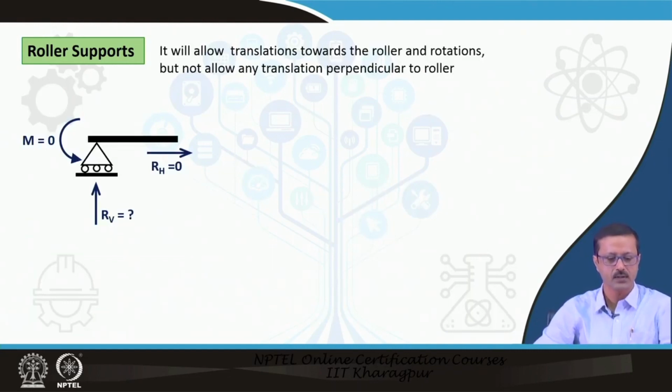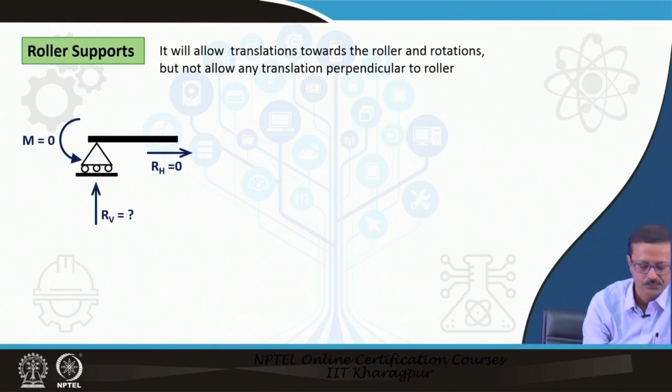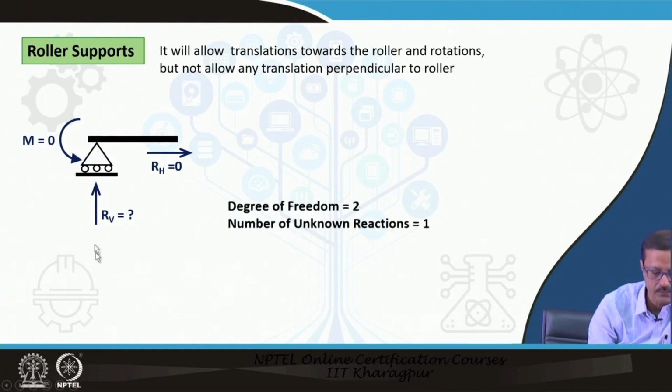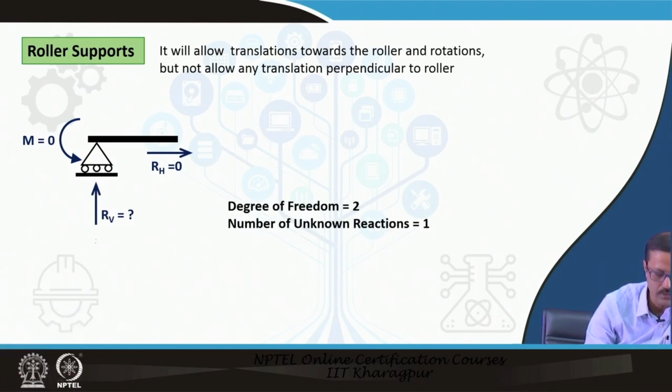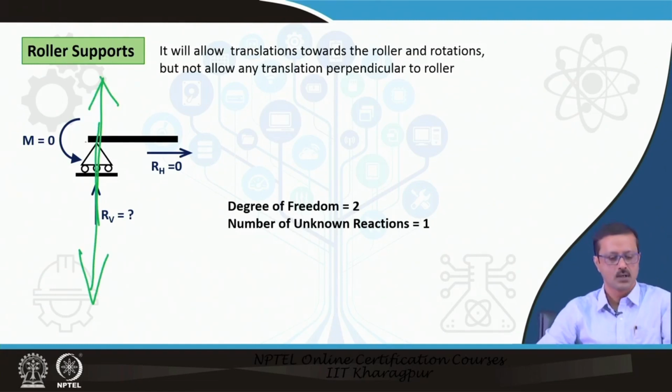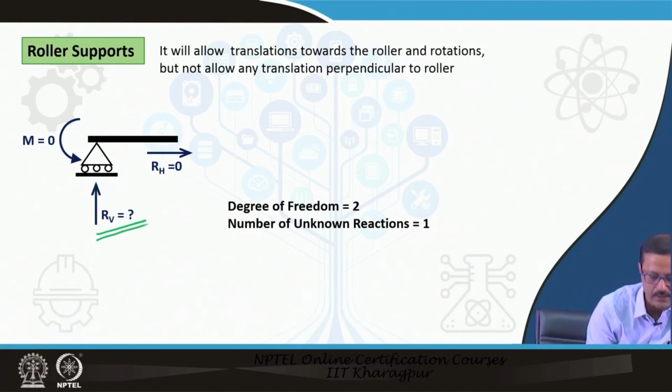So, if I see a roller support, out of the 3 reactions, this roller support cannot move in the vertical direction, because there is no possibility. As it cannot move in the vertical direction, it gives me a reaction in the vertical direction.